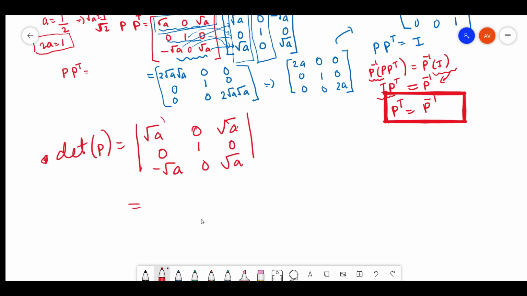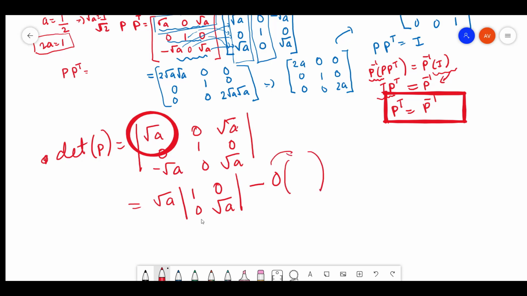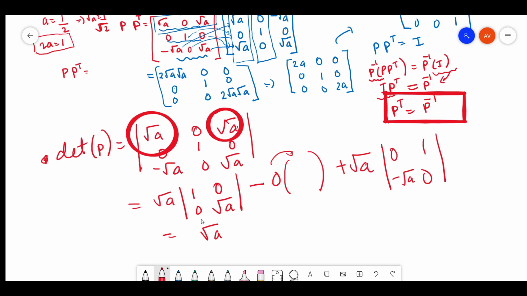First we take root a into its minor, 1 0 0 root a, minus 0 into something, which is 0, plus root a into the minor 0 1, minus root a 0. This gives root a into root a, root a into root a, and then the last term, minus of minus a plus root a, which gives a plus a, equal to 2a.